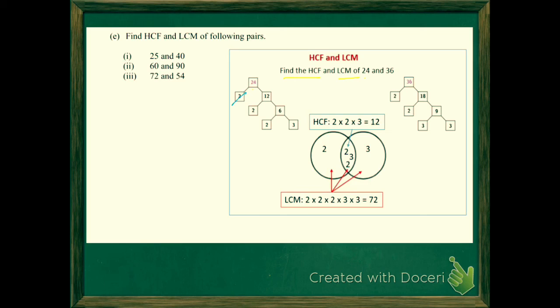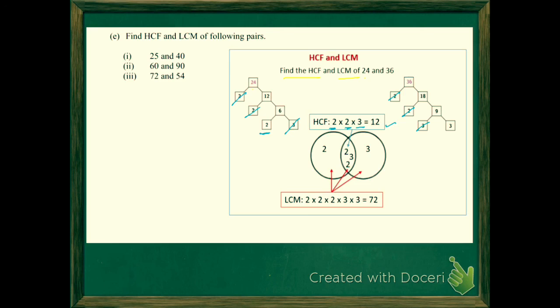For example, 2 and 2 is common, yes, we can write 2. Another 2, yes, another 2. Third 2, there is 2 here, but there is no 2 here. So we'll go on and cross 3 and 3. Yes. So the product of these common factors, the highest common, 2 times 2 times 3 is 12, is the highest common factor.